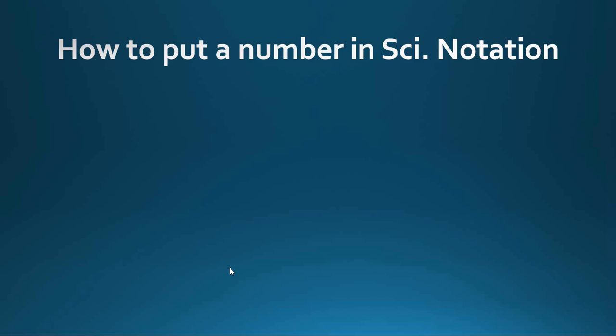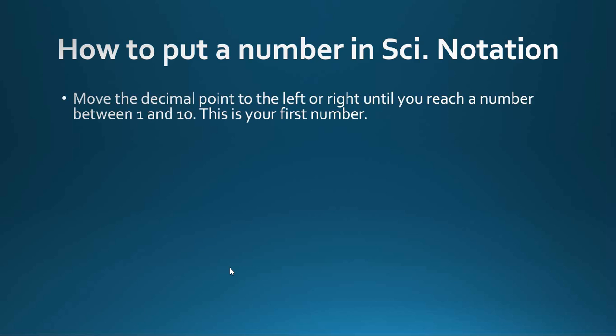Let's go over how to take a normal number and put it into scientific notation, because this prescribed set of steps is what you always want to use. If you're given a number, you want to move the decimal point to the left or right until you reach a number between 1 and 10. That's your first number. For example, let's say we have the number 45,000.